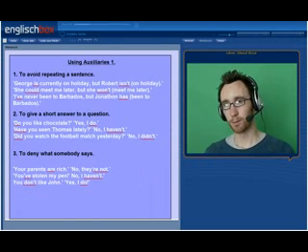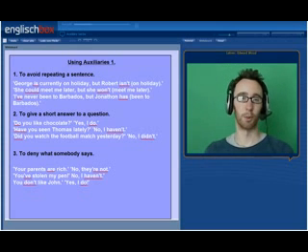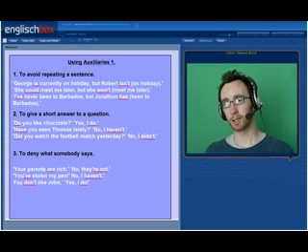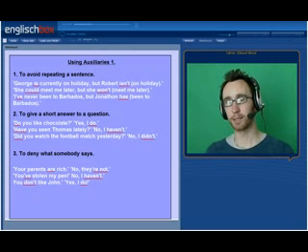However, there are some circumstances, some situations in which we can use the auxiliary verb on its own without a main verb. And today we're going to look at some of those different circumstances. So number one, we can use the auxiliaries to avoid repeating ourselves, to avoid repeating the same words in a sentence.